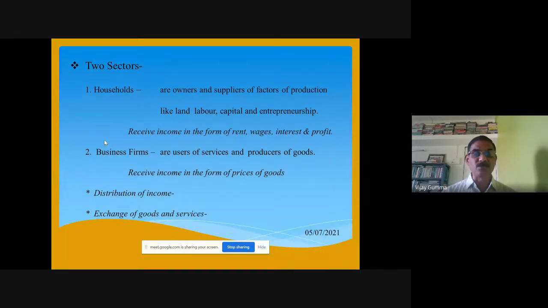Business firms, by using the services of different factors of production, produce goods and services and supply them to the household sector, and receive income in the form of prices of goods and services.